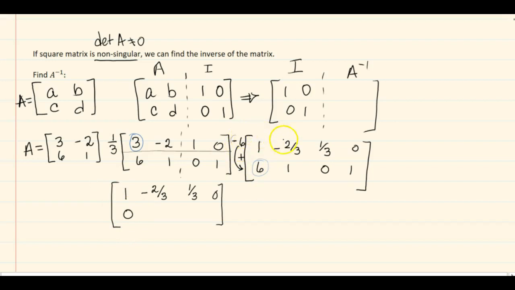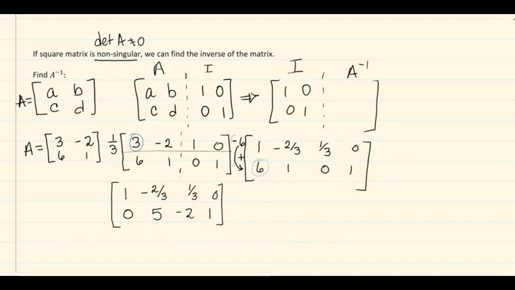Multiplying by -6, I get a +4 and add it to the 1. Multiplying by -6, I get a -2 and add it to the 0. Multiplying -6 times the 0 and adding to 1, I get my 1.